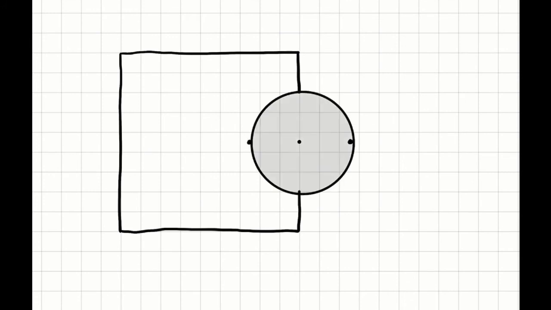Okay. All right, there's a circle there, and I am going to erase this portion of it. I want us to find the area of this figure here.